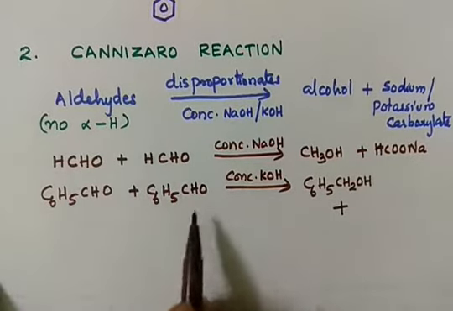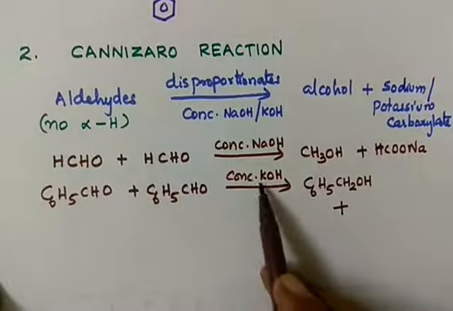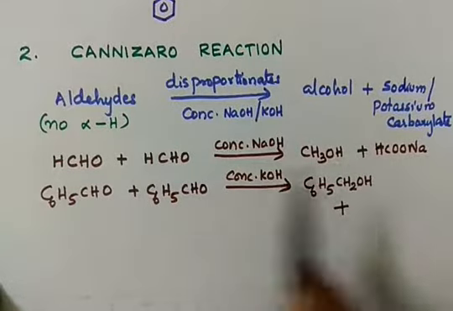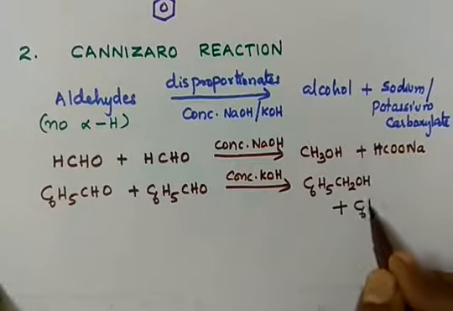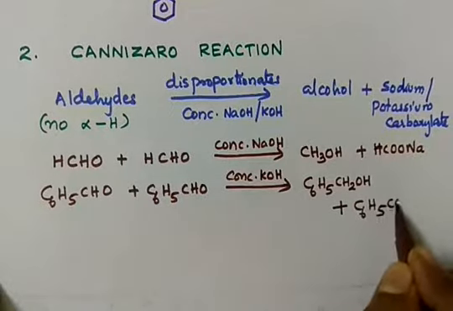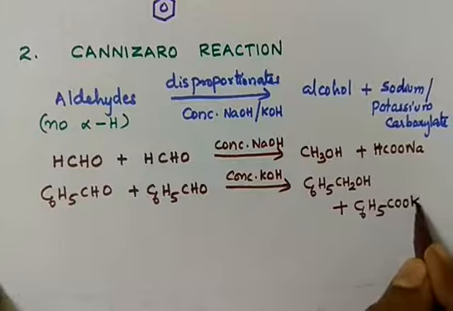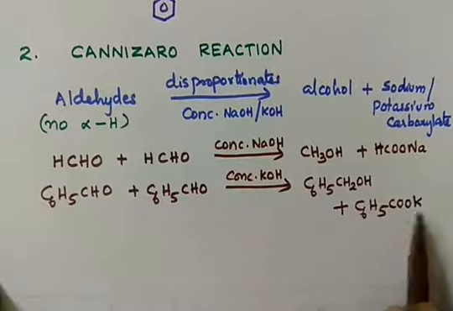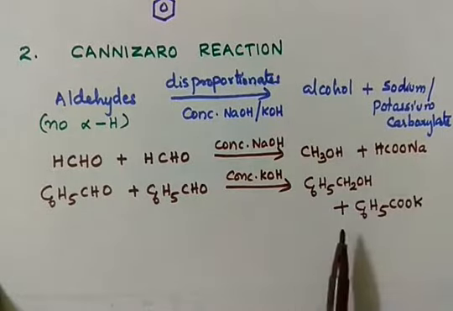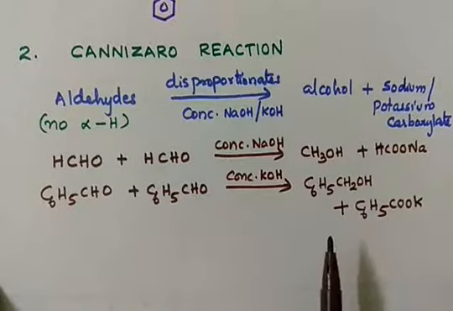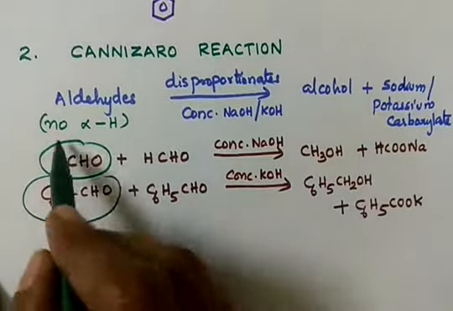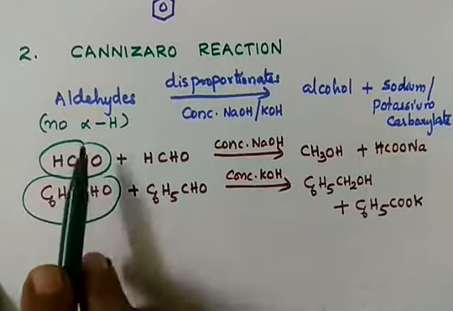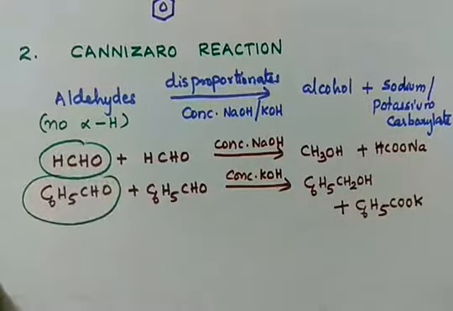This is oxidized to benzoic acid, and as it is in presence of KOH, potassium benzoate is formed, or potassium salt of benzoic acid, C6H5COOK. Okay, so this reaction is called a Cannizzaro reaction, and note that formaldehyde and benzaldehyde do not have alpha hydrogen, so they undergo Cannizzaro reaction.